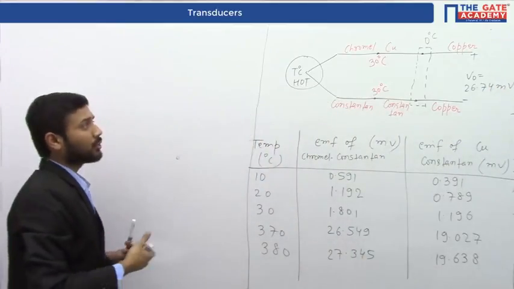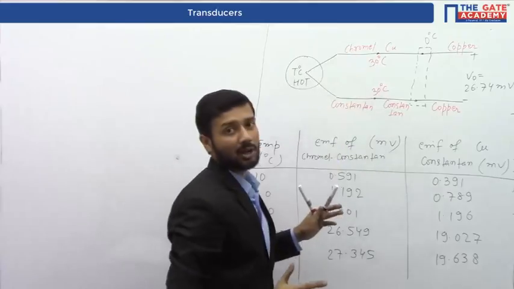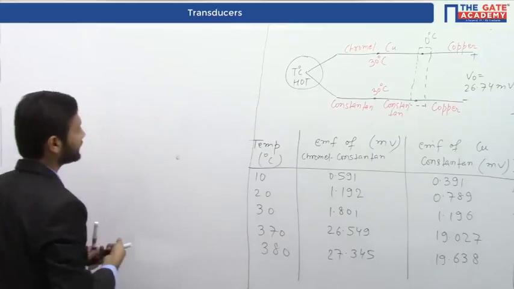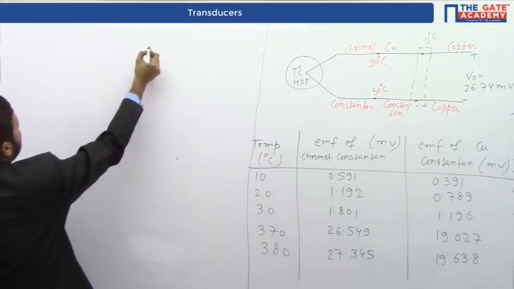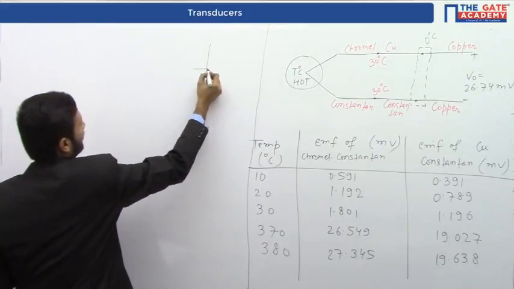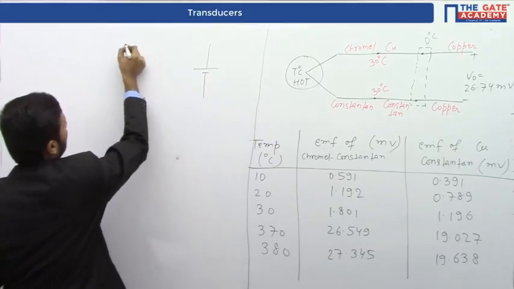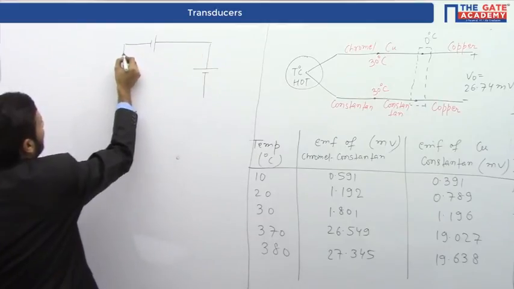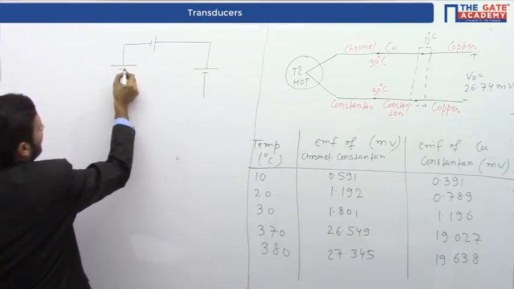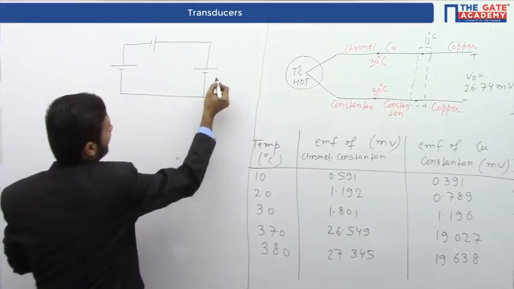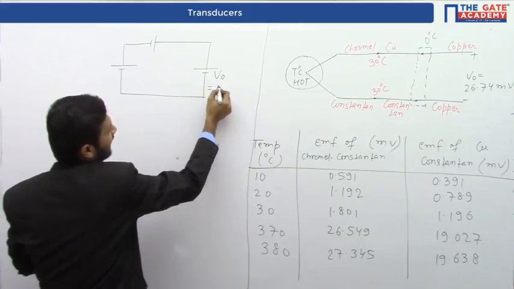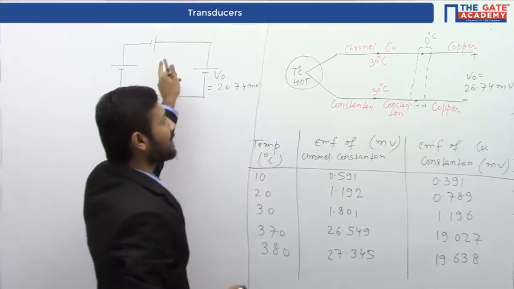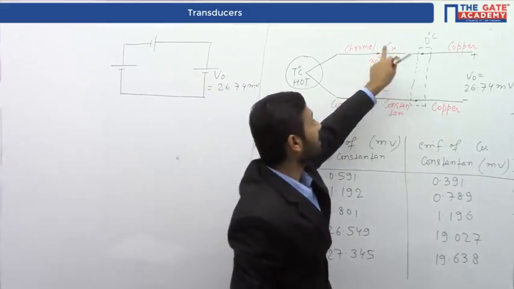Now we are going to replace this whole thermocouple by an electrical equivalent circuit. This is our V naught, which is given as 26.74 millivolt. And now this battery is for copper chromel.